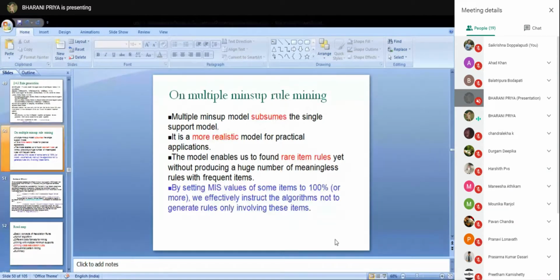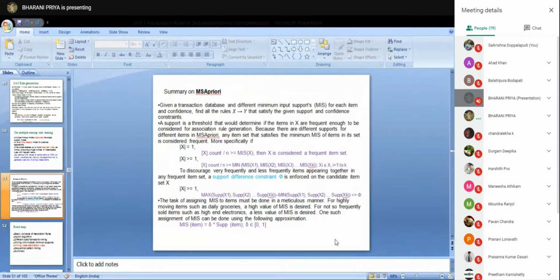So we have seen how to calculate the frequent item sets. Let's have a simple summary. You need to find all the rules of X associates Y which satisfy the given support and confidence.